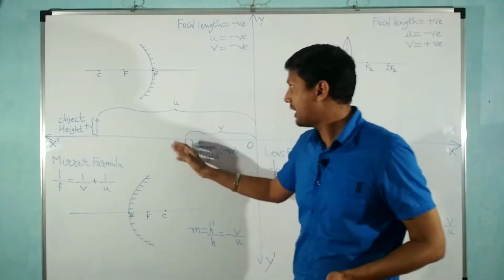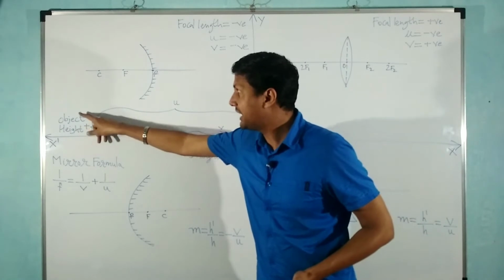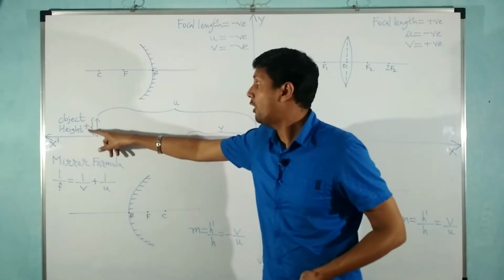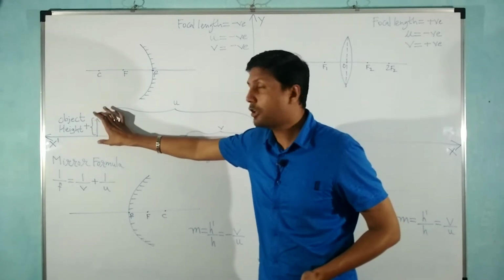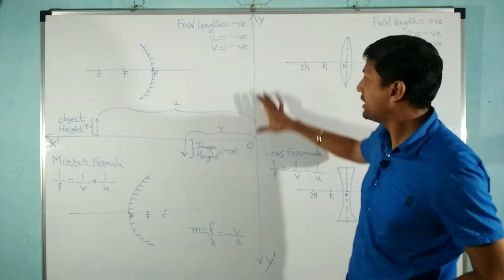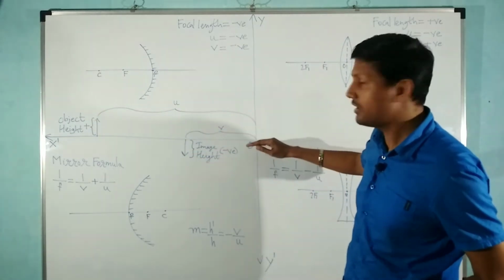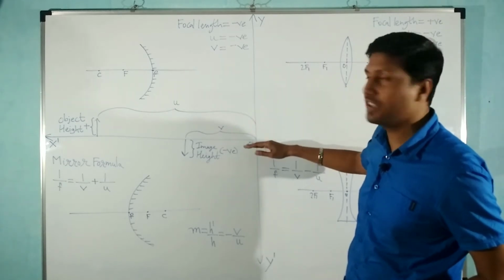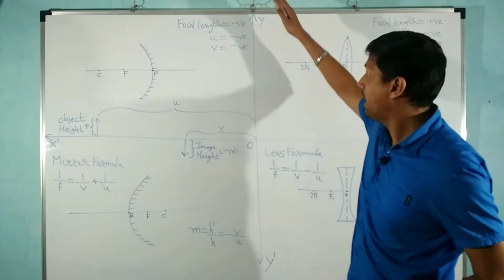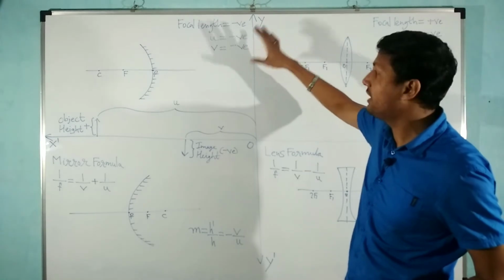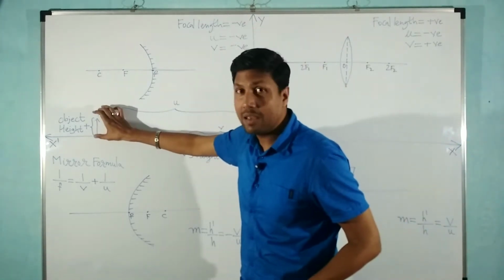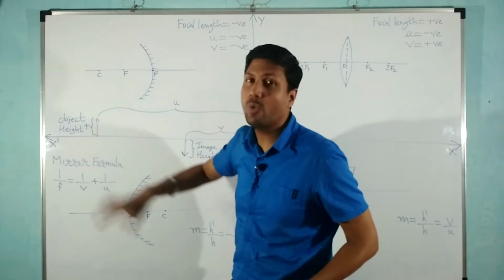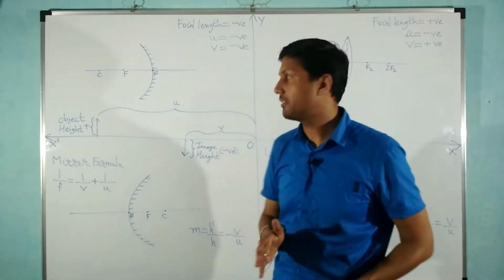In this case, I've shown here that the object height will always be positive, because the y-axis is positive in the area above the origin. So the object height is always measured in positive.